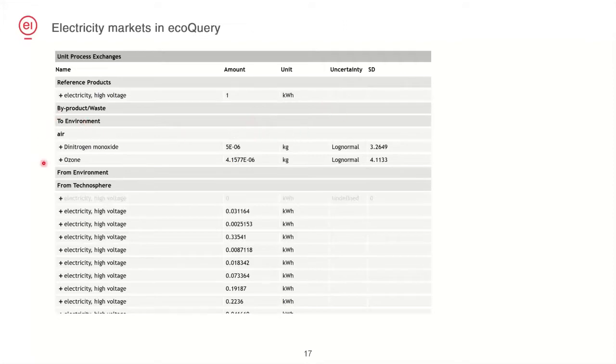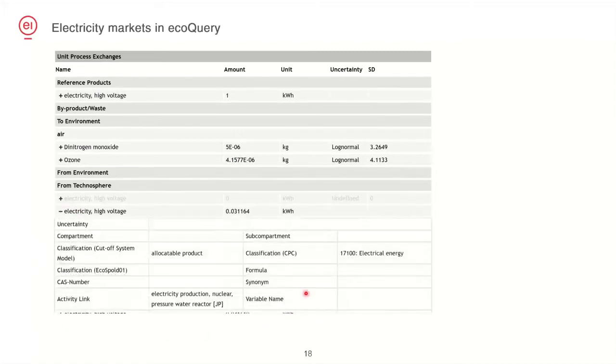There are some emissions that I mentioned before, and these occur on the high voltage level. And then there are several inputs of electricity. If we expand one of these entries, we can see that in this specific electricity market in Japan, we have an input of a nuclear pressure water reactor of around 3.1%.